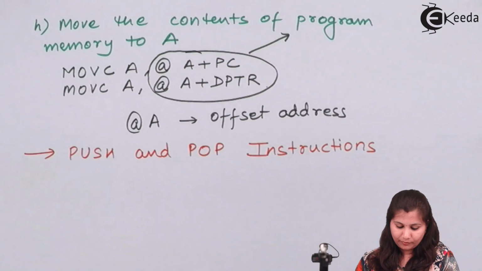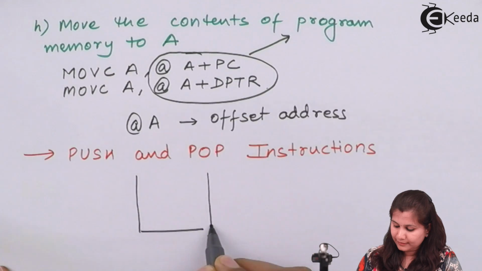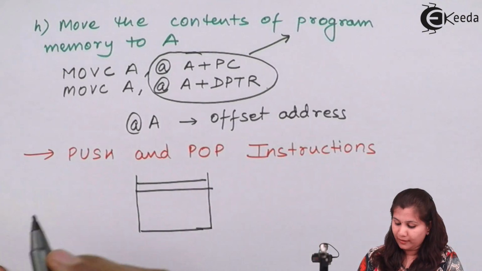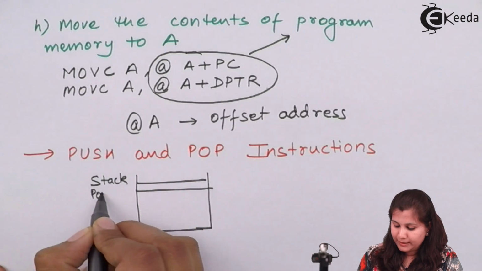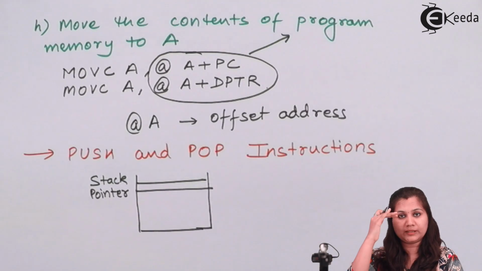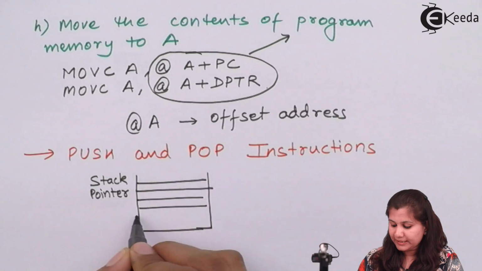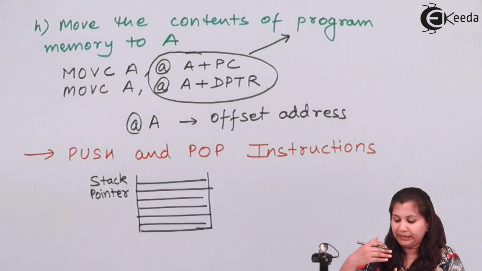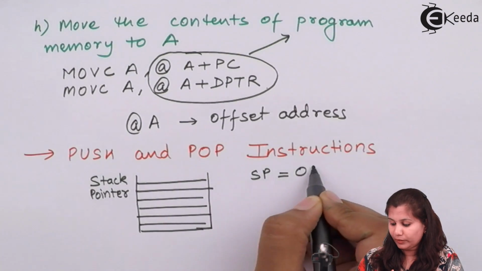So if we talk about, suppose this is the stack. Stack is initialized at some memory location through the stack pointer. The stack pointer always points at the beginning of the stack, from where the stack is starting, and the storage of data takes place after that stack pointer. Stack pointer will be incremented. Suppose the stack pointer is initialized at 08.